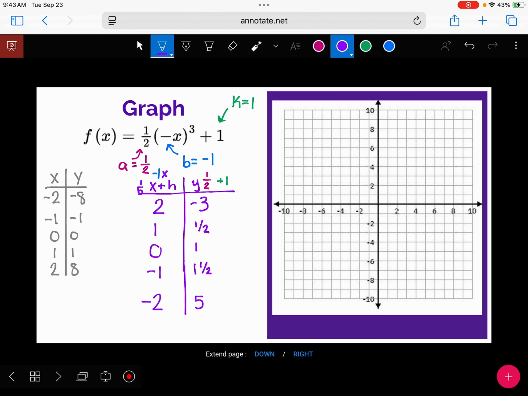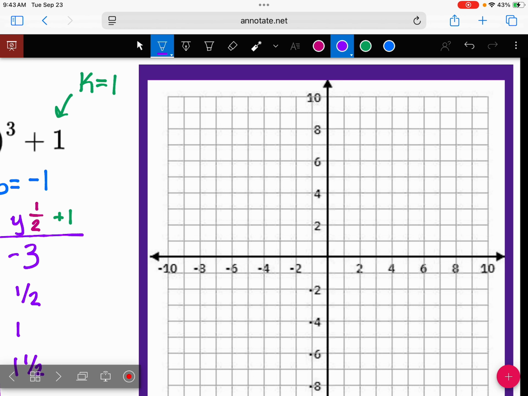And we've got points that we can plot. We've got our 2, negative 3. It's going to feel like we go backwards when we graph because now I have 1, 1/2, and now I'm going to the left. We've got 0, 1. I've got negative 1, 1.5, and negative 2, positive 5.